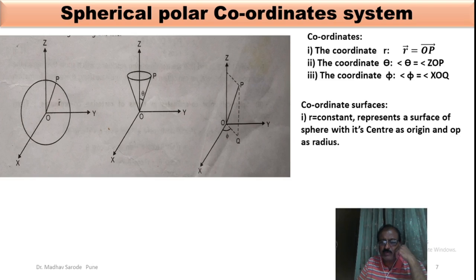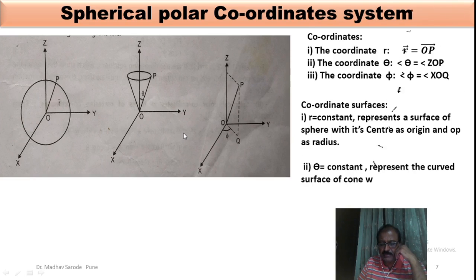The second surface is theta equal to constant, means the polar angle theta is constant. What does it represent? It represents the curved surface of a cone with its vertex at the origin.